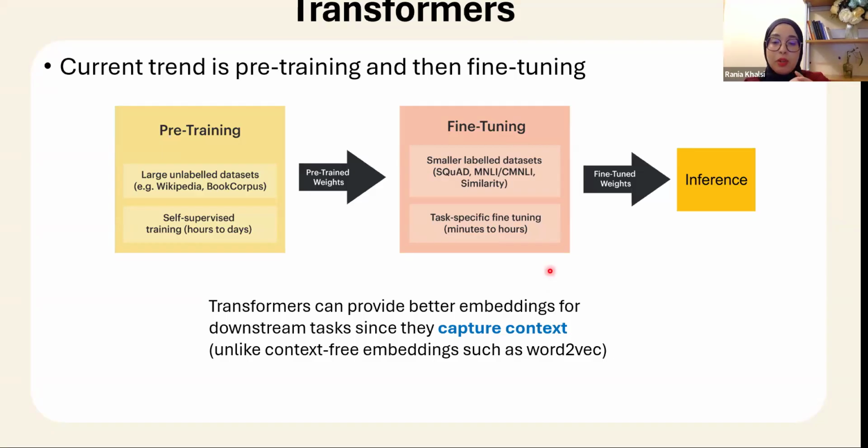From this step we obtain fine-tuned weights, and these fine-tuned weights are used during inference at the end, okay? So thanks to these two stages, pre-training and fine-tuning, this process allows transformers to produce much richer embeddings, embeddings that capture context, not just isolated features.